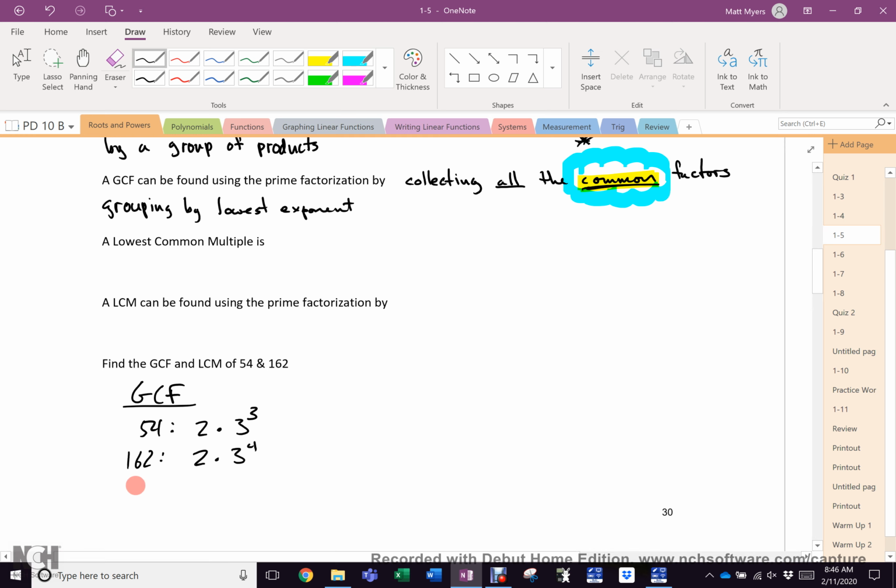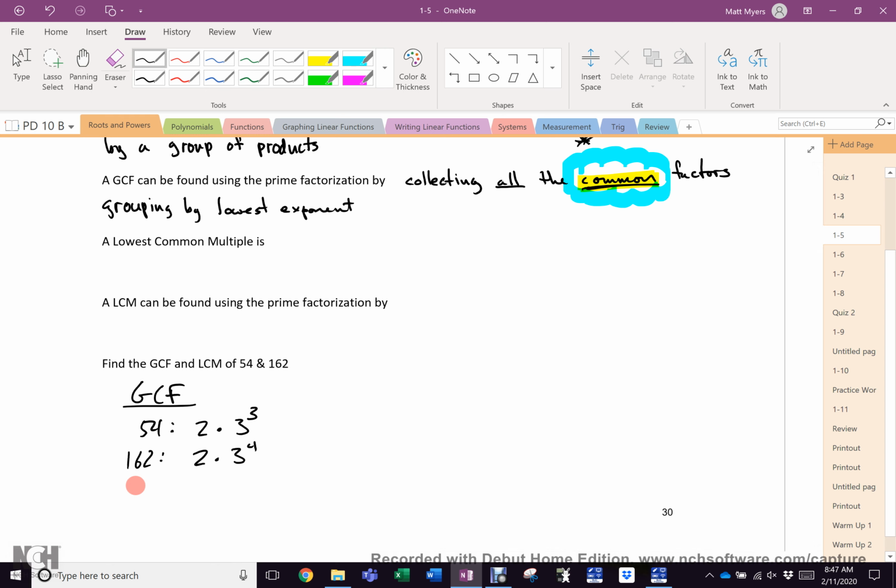What is common to both of them? 2. What is the lowest exponent of 2 that is common to both of them? 1. Okay. Is 3 common to both of them? What is the lowest exponent of 3 that is common to both of them? 3 to the 3rd.